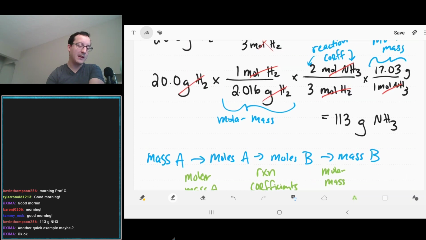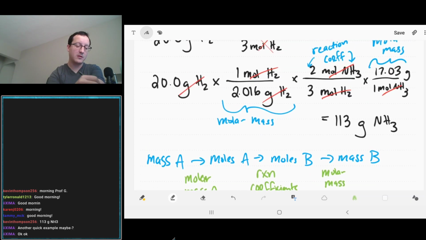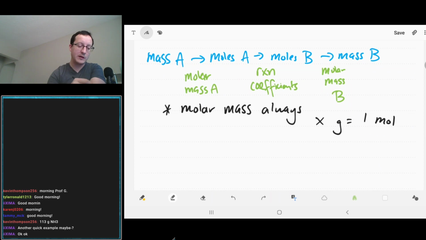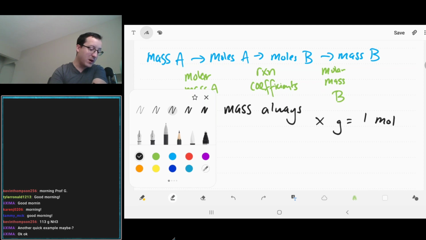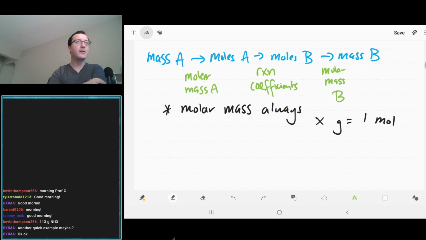Some students will say, we have 2 as our reaction coefficient, I want to put the 2 there and make it, instead of 17, 34 or something. That's a waste of your time. Don't do it. Not necessary. Molar mass is always over 1 mole, so it's whatever you've calculated from the periodic table over 1 mole. So don't make that mistake.